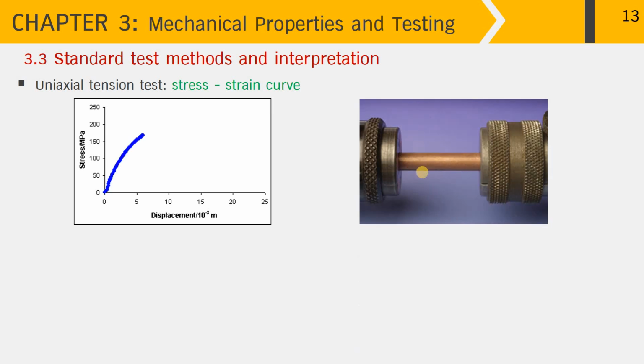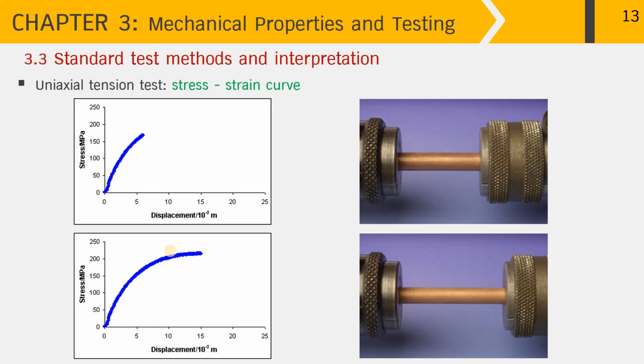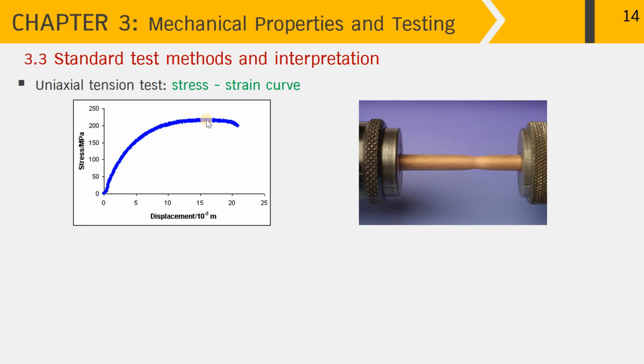After that, the specimen gets through yielding and strain hardening to approach the maximum stress level up here. The deformation is still uniform along the length, but the cross-sectional area is reduced. Beyond the maximum point, the specimen will experience necking, taking place over here.